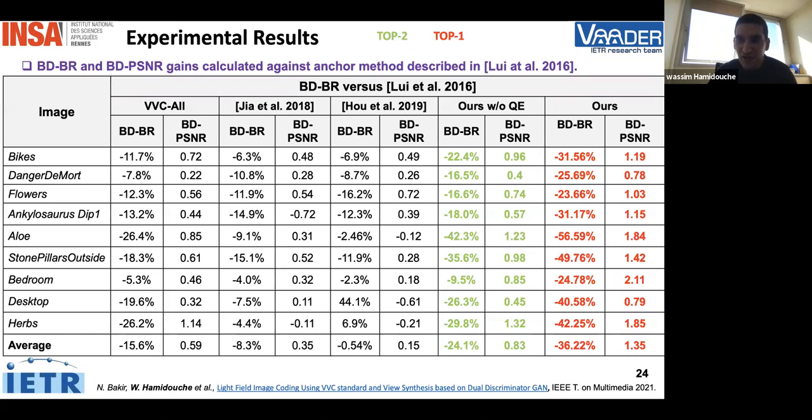So we can reach up to 90% of the views synthesized. But for other light field images where the disparity is high between the views, we can go down to 20% of the light field views synthesized.